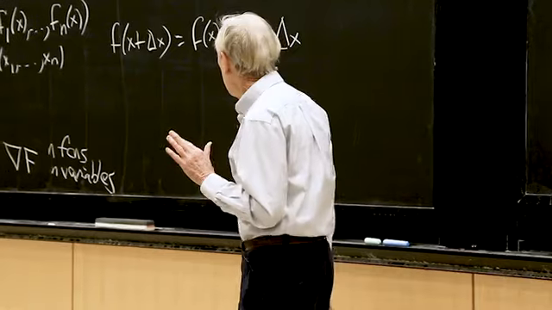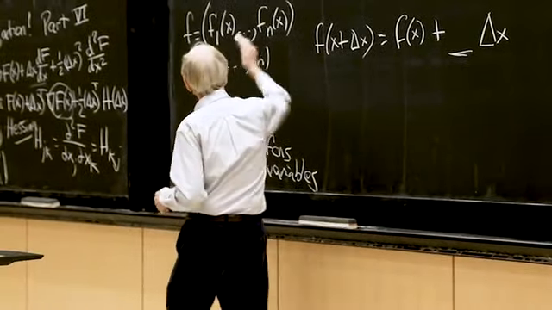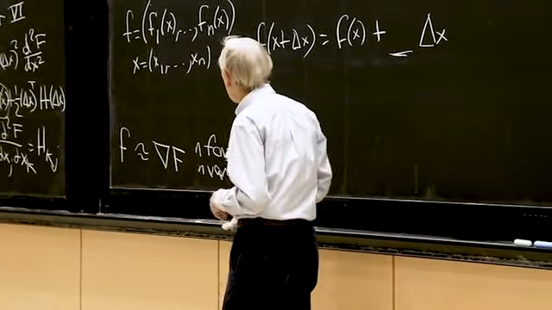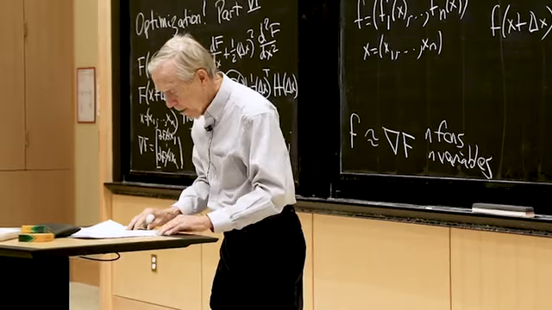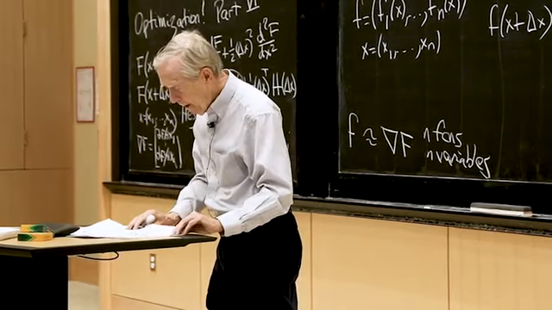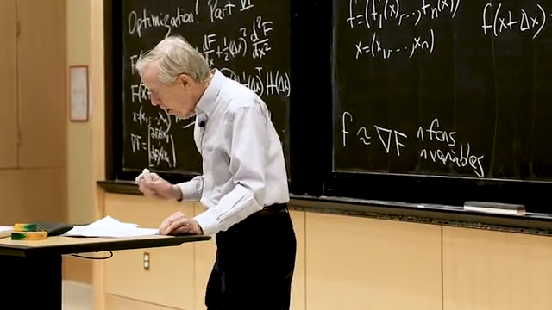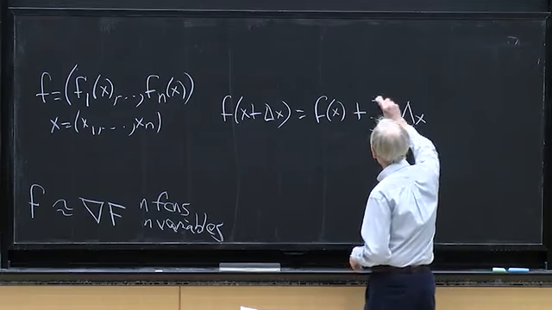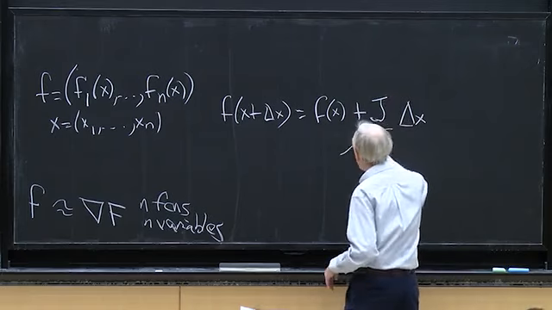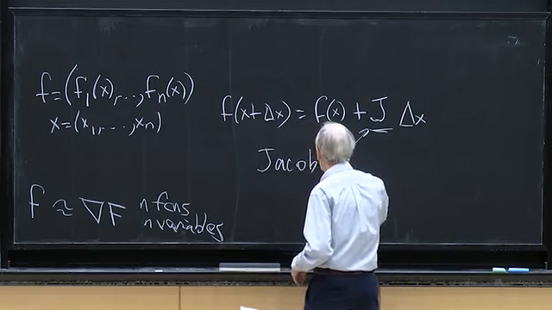Well, if I'm just given n functions, and what am I after here? I'm looking for the Jacobian. So here will go the Jacobian, J. This is the Jacobian, named after Jacobi, Jacobian matrix.